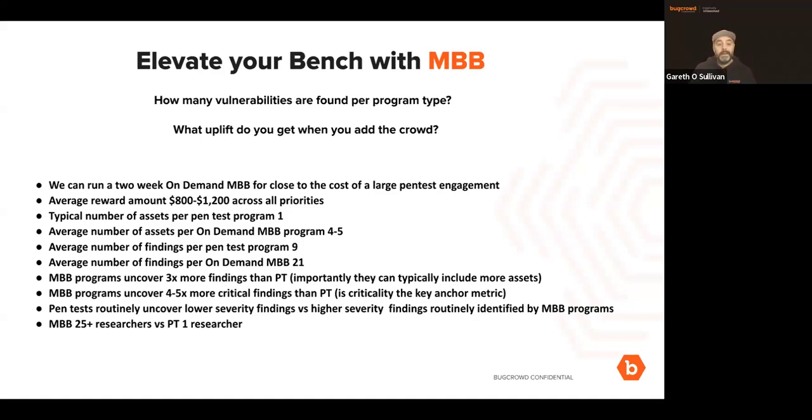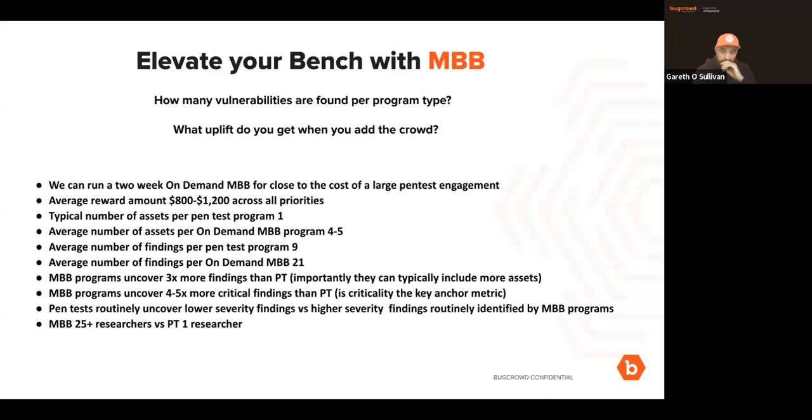The typical number of assets in an individual pen test program is probably one, whereas with an on-demand program, you can put 4 or 5 into that program. We see the average number of findings per pen test program is maybe about 9, whereas with a bug bounty, it's probably about 21.